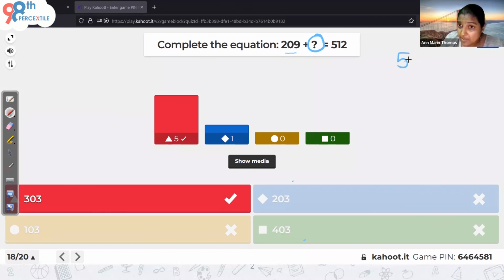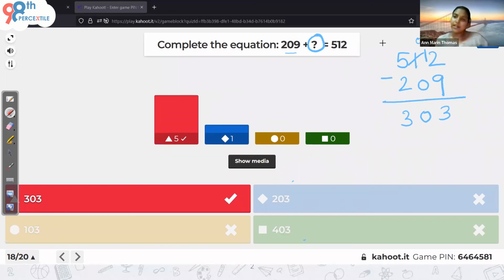One simple way was to subtract the addend from the resultant. Here again, you have to borrow from your neighbor and I have 12 minus 9, 3, and 0 minus 0 is 0, and you have 5 minus 2, 3, and the answer was 303, right? That's the simplest way to do it. You just have to subtract the added value given to you from the resultant.